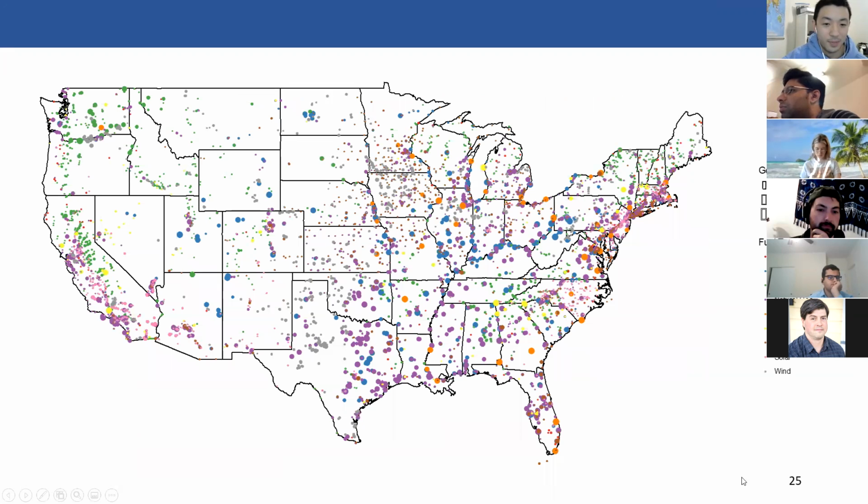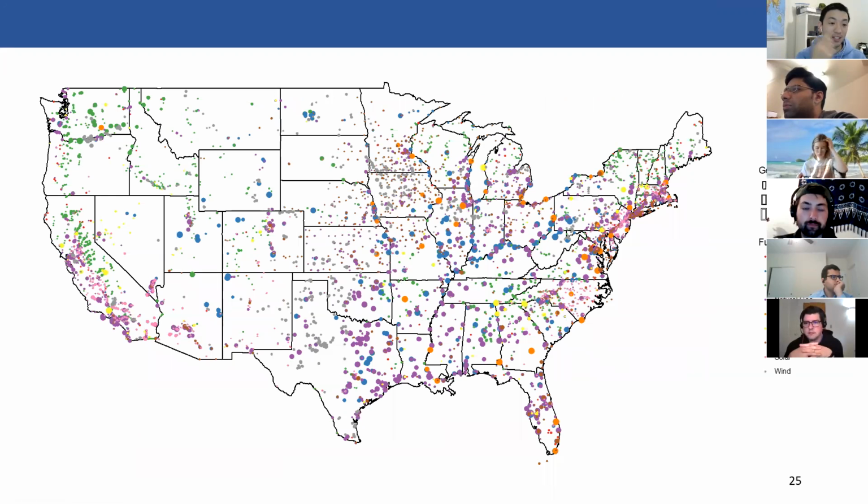This plot always gets messed up on my Windows computers for some reason, but that's all right. This is a plot of power producers on the electricity grid in the United States.